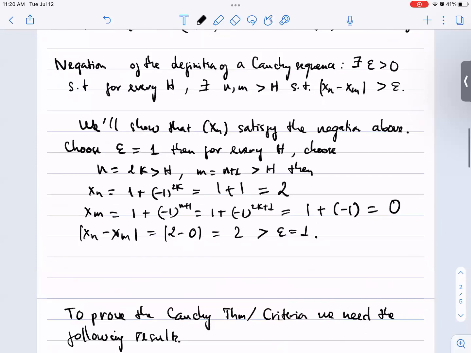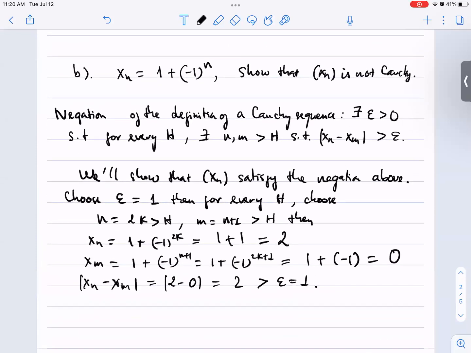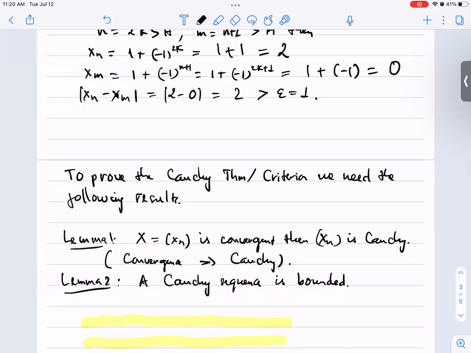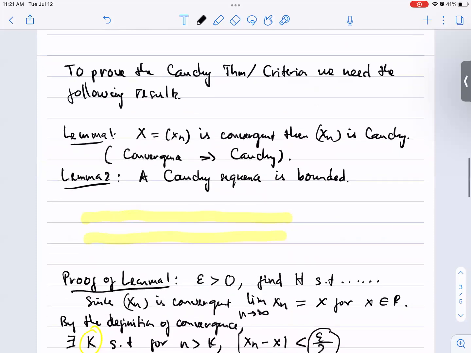So we already saw an example of a sequence which is Cauchy and another example of a sequence which is not Cauchy. Now, in order to prove the main theorem, which says that a Cauchy sequence is convergent, we're going to need the following lemmas.